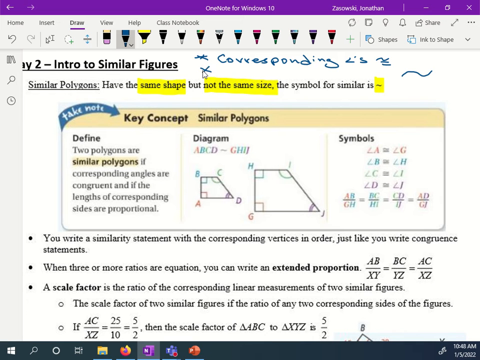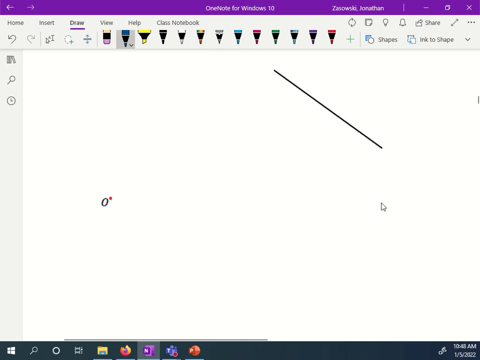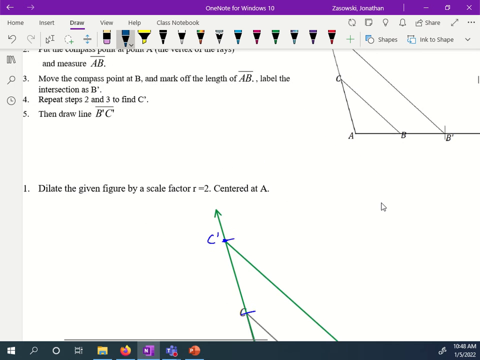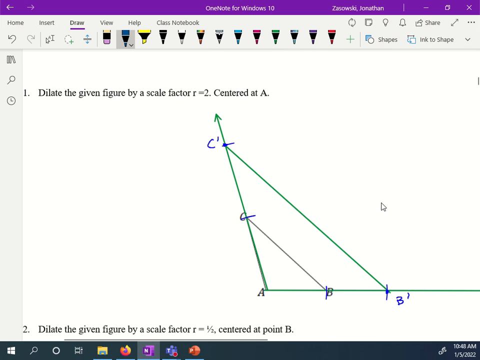And the other thing that we know is that, besides the angles, what else do we know? Think about when we did construction like this one or this one, right? Annika? Good.